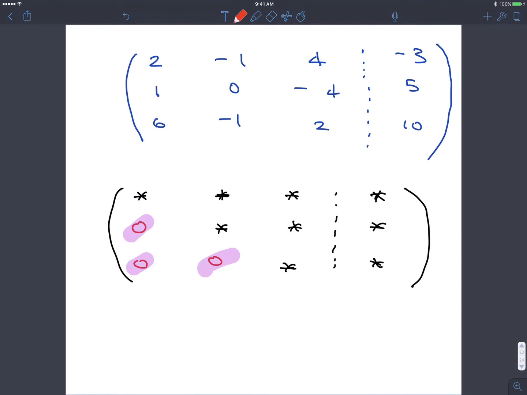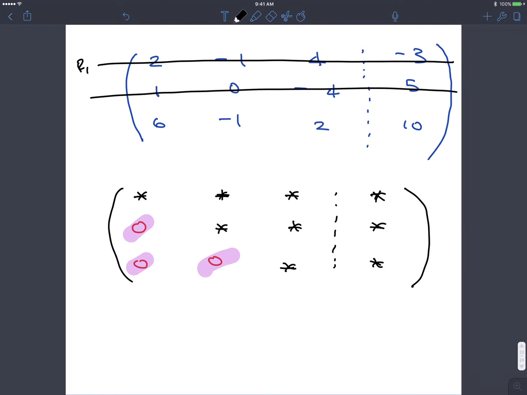I want to remind everybody here that this whole thing is row 1. This is row 1, and then this is row 2. I remind you that this is row 3. So we're going to have probably a lot more strategy here to make these entries 0.